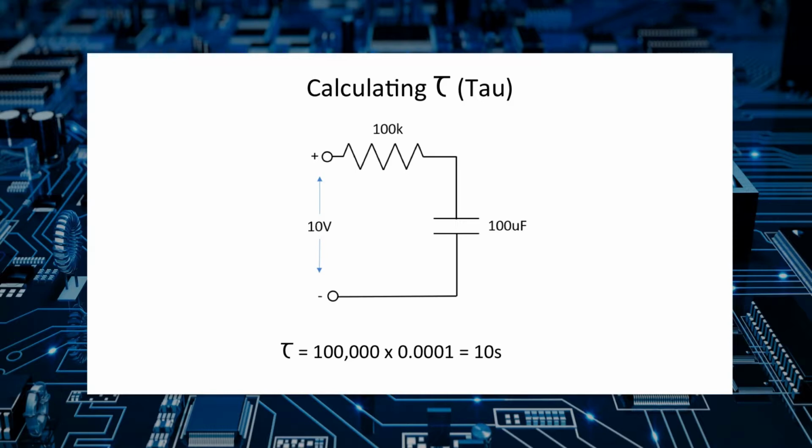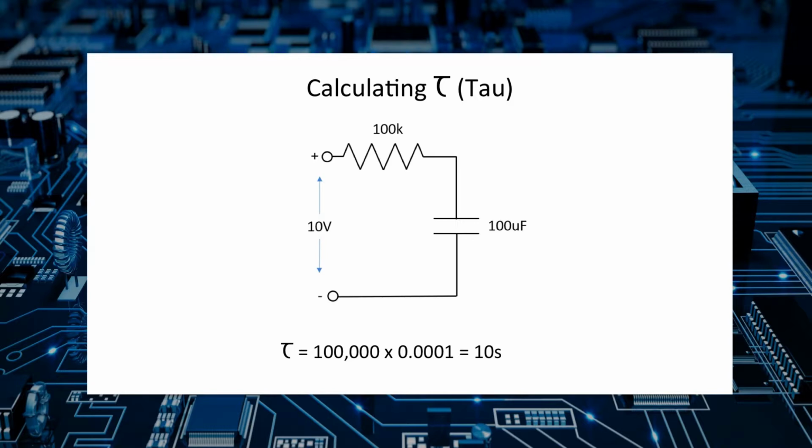Note that we didn't consider the voltage when we calculated tau. That's because the rate of charge or discharge is independent of the voltage. So how do we determine the voltage across the capacitor over time? Actually, it's fairly simple. By definition, the capacitor charges to 66.6% of the final voltage in tau seconds.